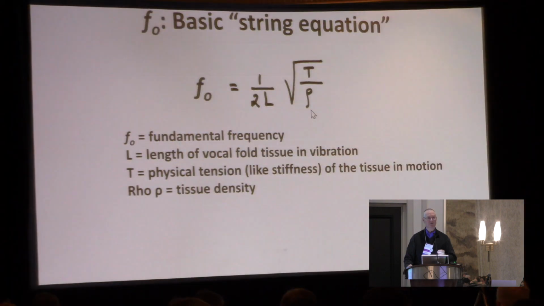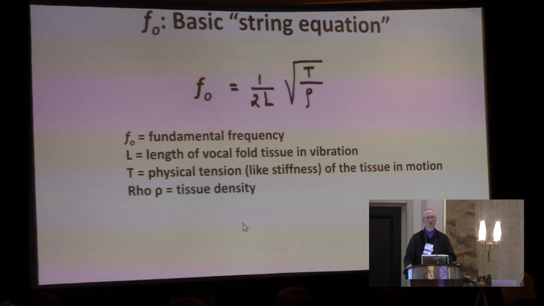Rho is the density of the tissue, which shouldn't really change too much. So as you saw, as the vocal folds were elongating, the length increasing, the pitch went up, the fundamental frequency went up. This means that the tension increases faster than the length increases when you have that motion.